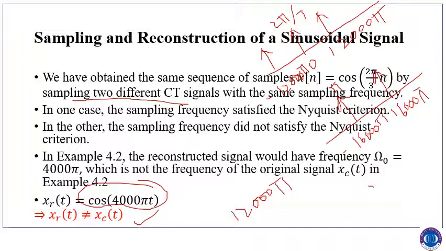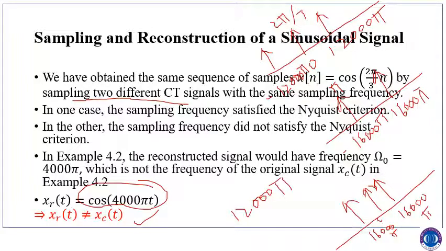So the first copy will appear at 16,000 pi. Now the second copy will appear at 16,000 minus 12,000, which is 4,000.